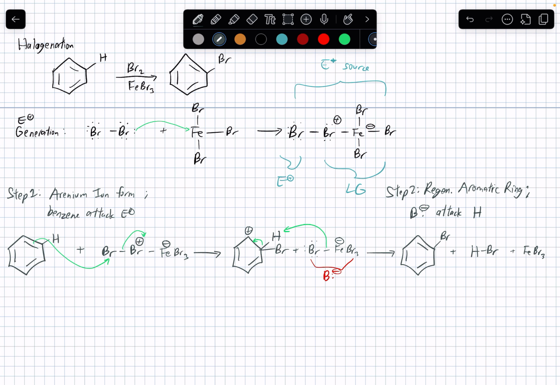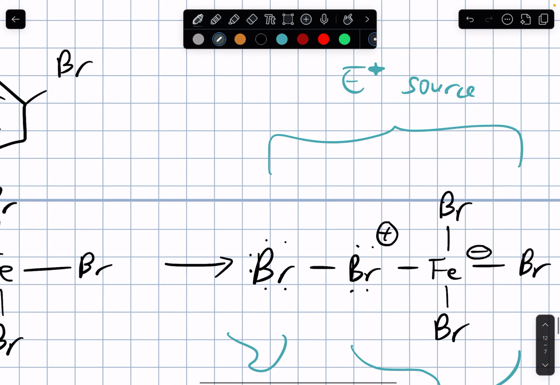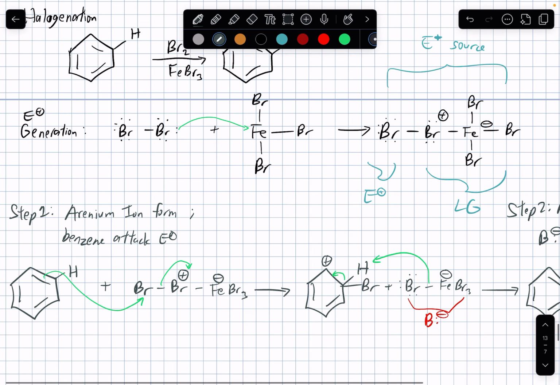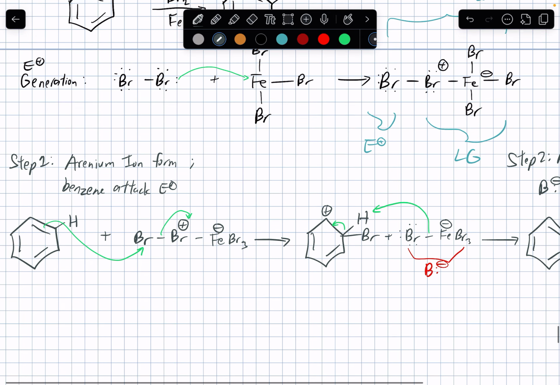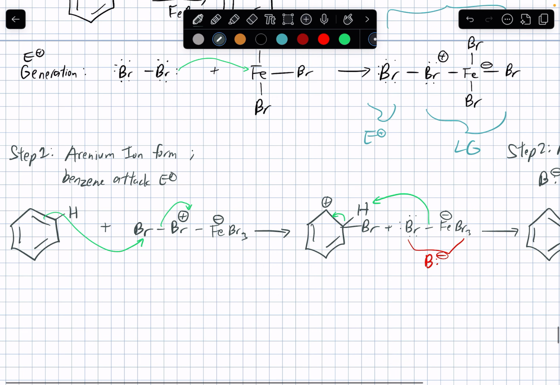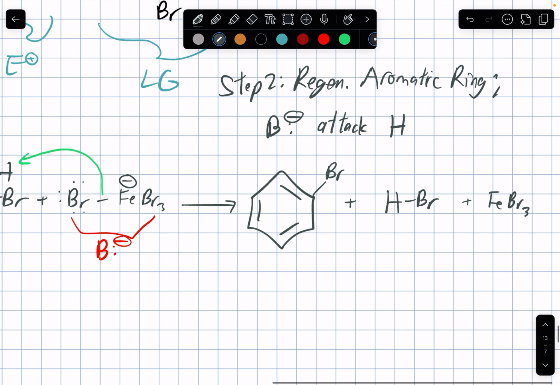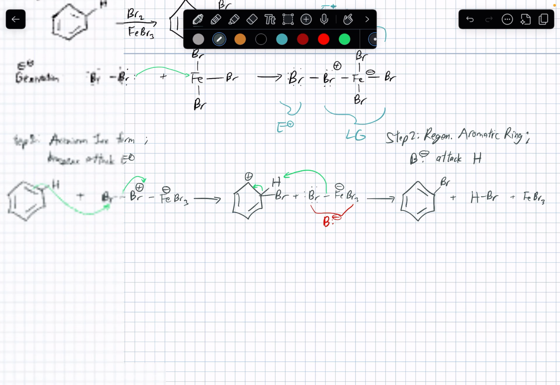Earlier, the catalyst, this one, was merged to our electrophile, no? And it did many things until it was regenerated back as just FeBr3. So yeah, reformed at the end of the reaction.